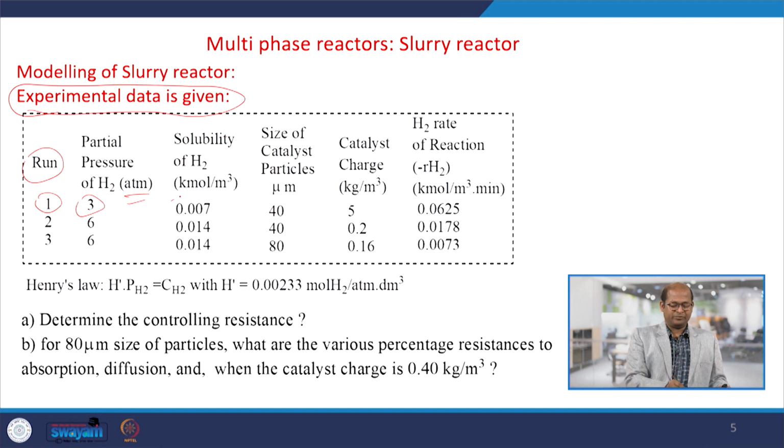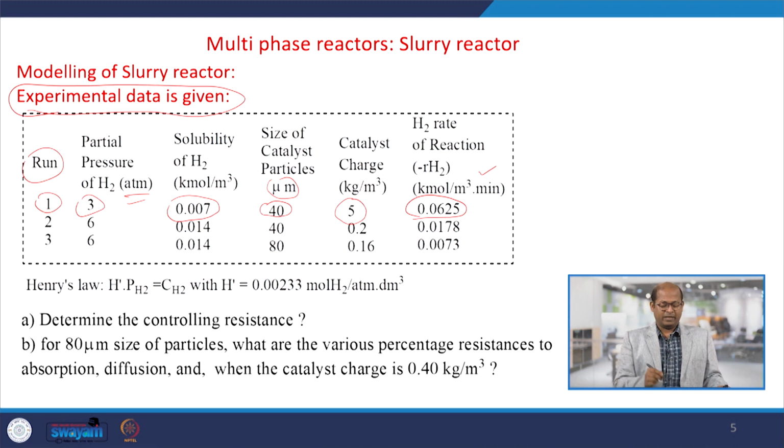The solubility of hydrogen is given as 0.007 kilomole per meter cube, the catalyst particle size we considered is 40 micron for run 1, and the catalyst charged was 5 kg per meter cube. The corresponding rate was evaluated, that was 0.0625 kilomole per meter cube per minute, the rate of reaction for run 1.